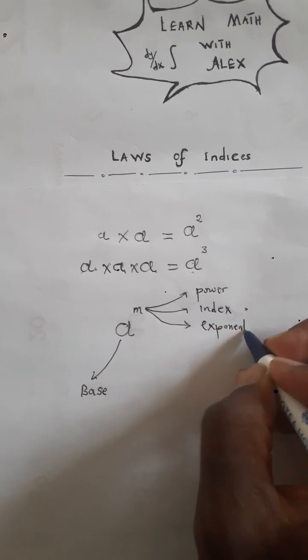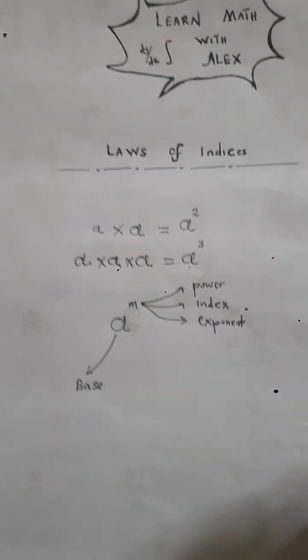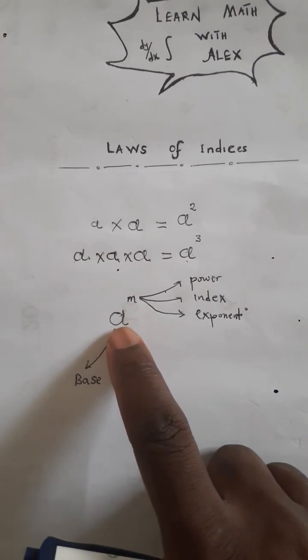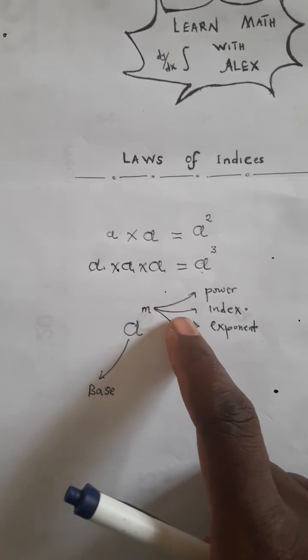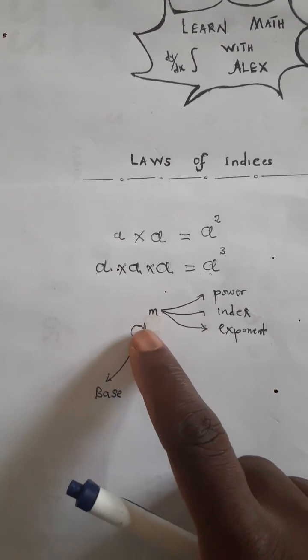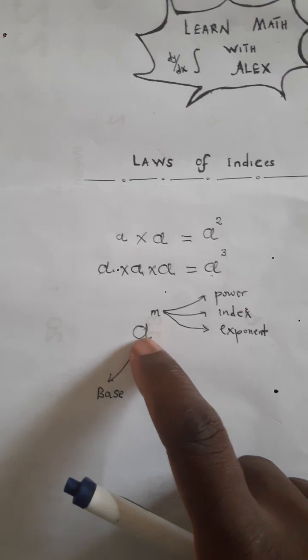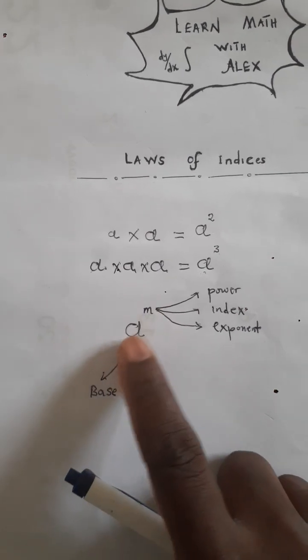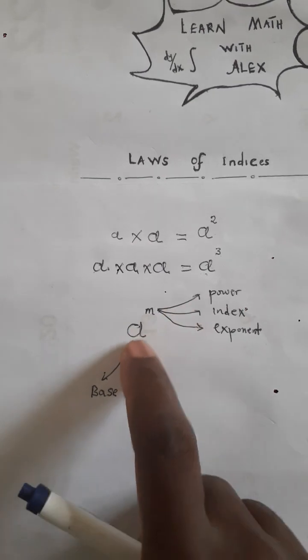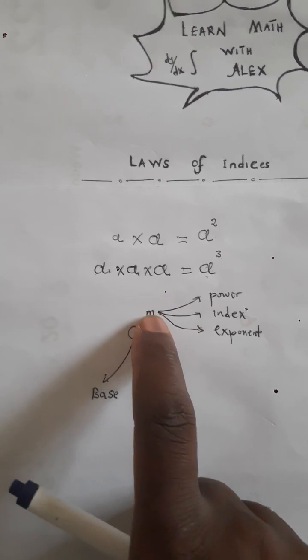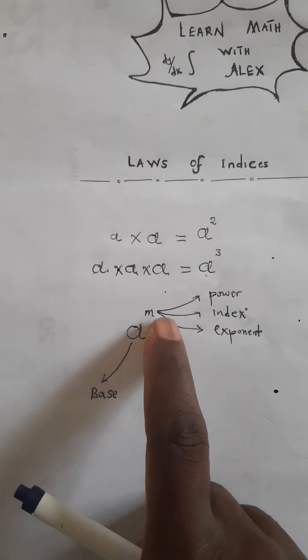So this is a base, and this is a power, index, or exponent. So what is the relationship between the base and the power? You can read this as a to the power m.